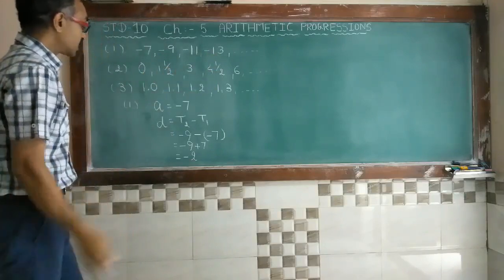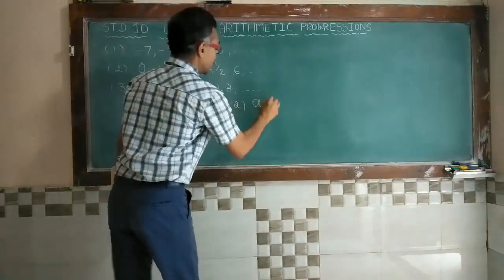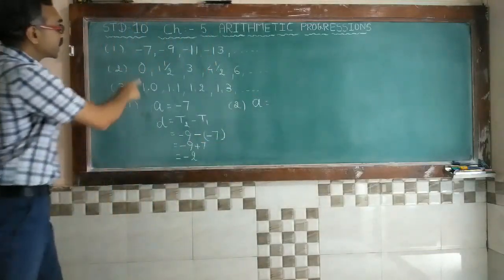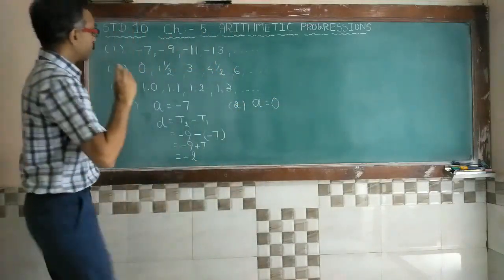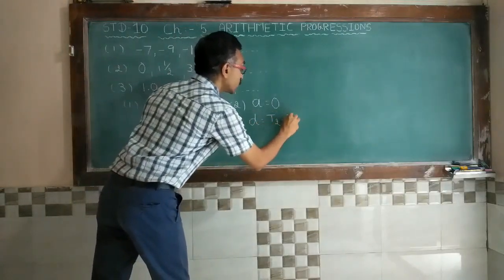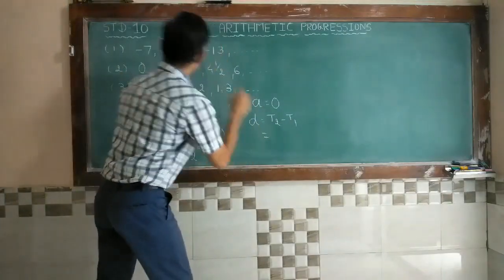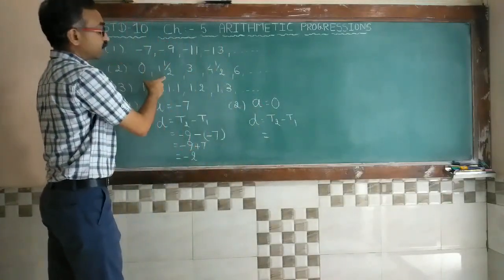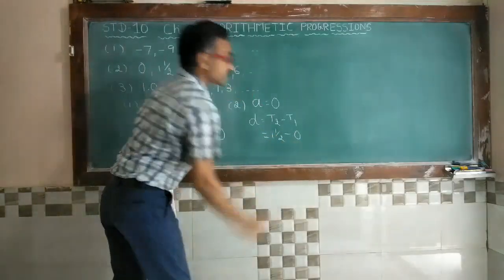For the second AP: 0, 1 and a half, 3, 4 and a half. See here, A, the first term, is 0. So you have to write here 0. Now, common difference D is equal to T2 minus T1. Here T2 is 1 and a half. That means 1 and a half minus 0.